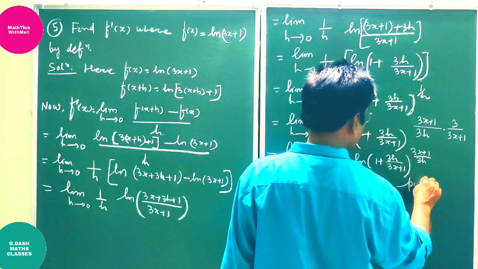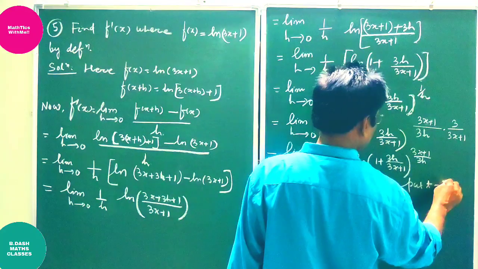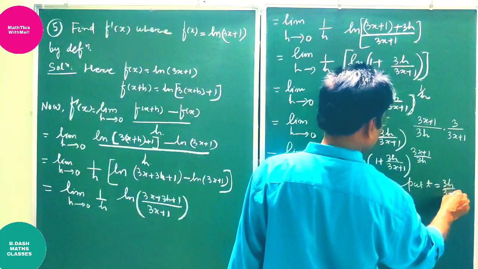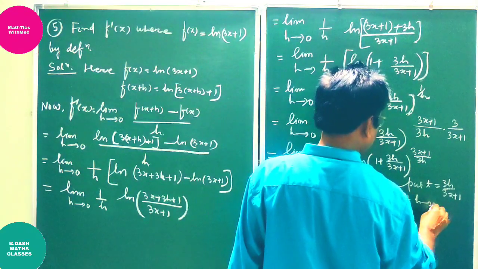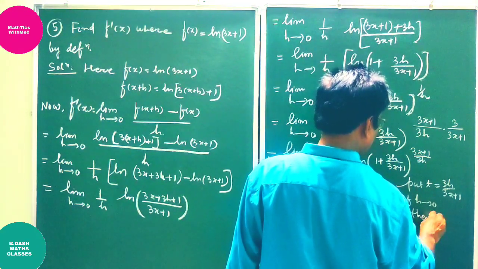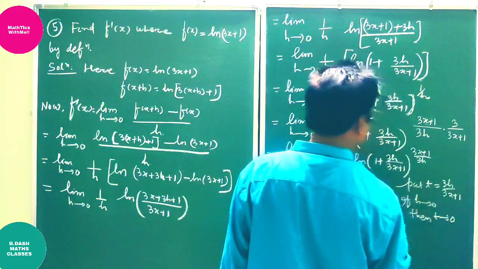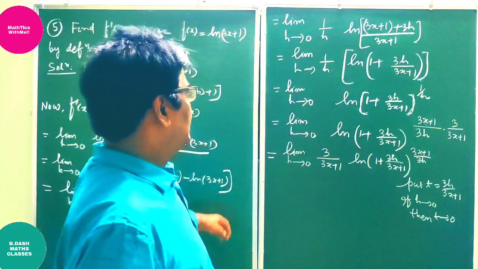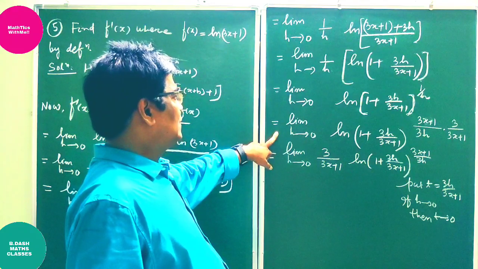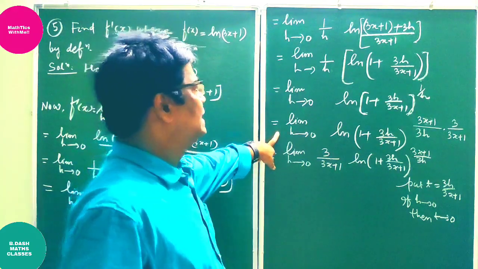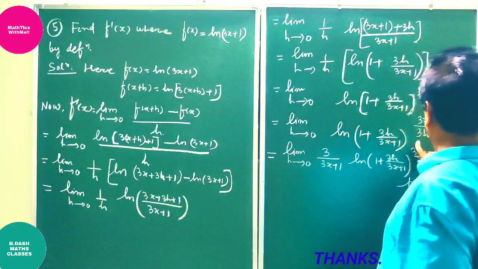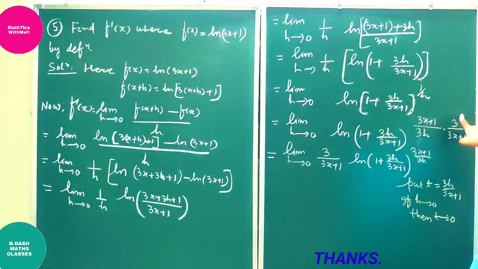So put t is equal to 3h by 3x plus 1. If h tending to 0, then t tends to 0. So here we have multiplied by 3 and divided by 3, multiplied by 3x plus 1 and divided by 3x plus 1.